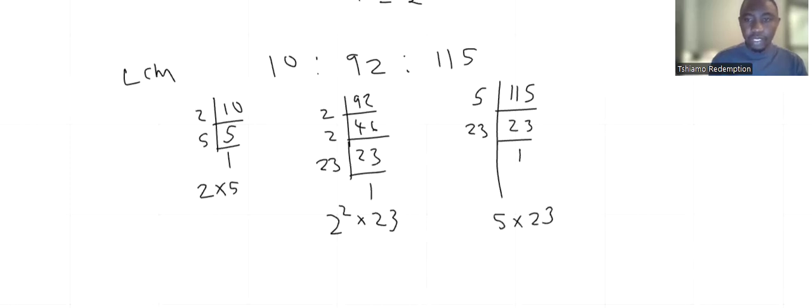So what will be the lowest common multiple? Remember L for list. So I'm going to list everything. But here I compare, if there are 2 bases that are appearing, I take the one with the highest power, exponent. So which one will that be? 2 squared. And then this one I'm done. Then 23, yes, I have to list it.